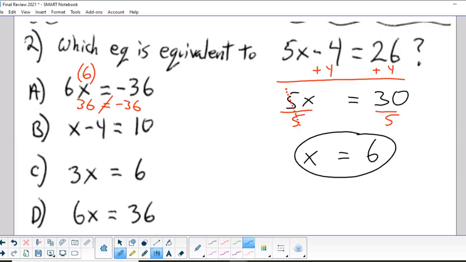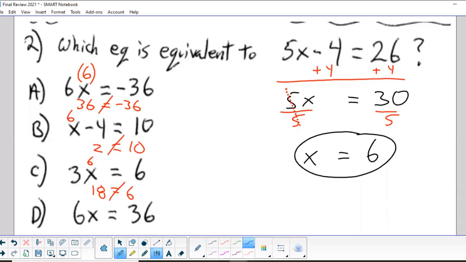That's not going to work. 6 is not the answer. Try the next one. If I put 6 minus 4 is 2. 2 does not equal 10. That doesn't work. The other one, if I put 6 in there for x, that's 3 times 6 is 18. 18 does not equal 6.